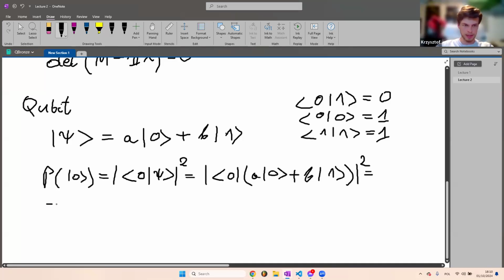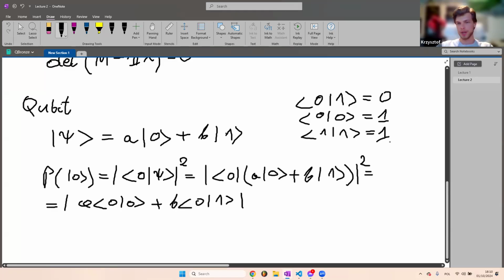Now we can rewrite this as A times the scalar product of 0 with 0, because the scalars are interchangeable, and also following the rules of multiplication over summation, we get something like this.